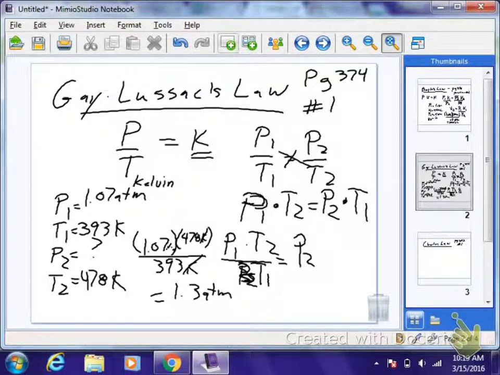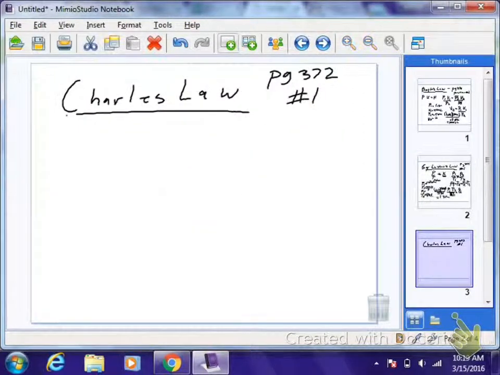This last one will go a little bit quicker because it's the same thing as Gay-Lussac's law, but we're looking at volume. So the setup's going to be the same. Instead of P, we're going to have V. Now, this law we did not investigate, but all we had to do is see how inverse and direct work.